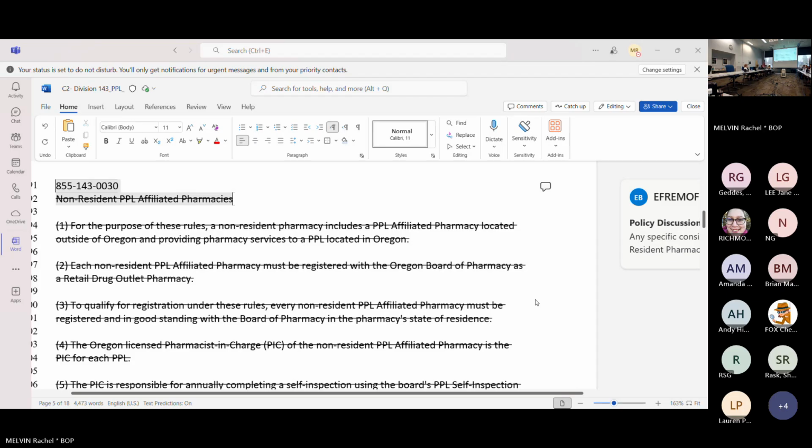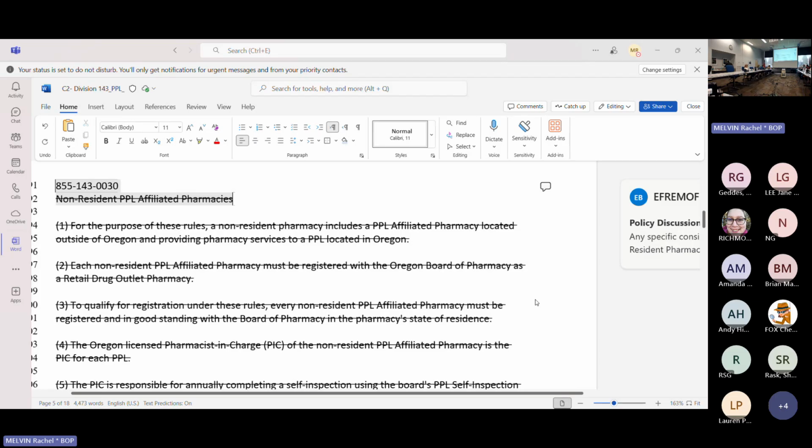I think that would be something that I might be concerned about. I'm not sure. Board member Hall? Yeah, that is a good point. I didn't have anything else to add though at this time. Board member Joyce?